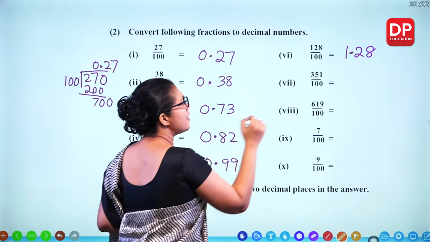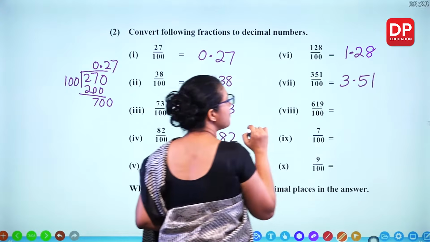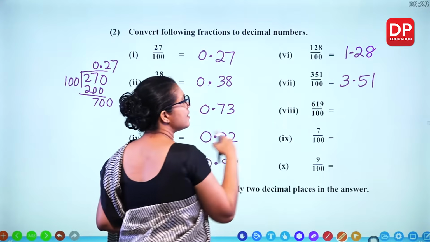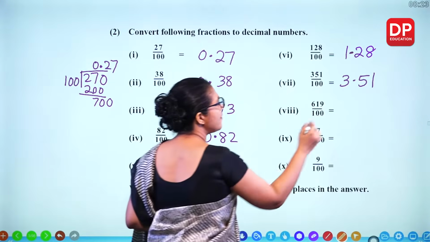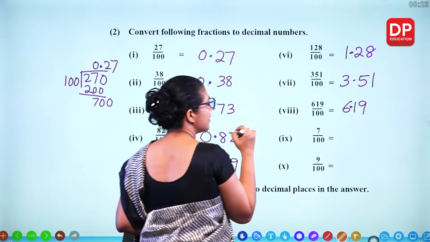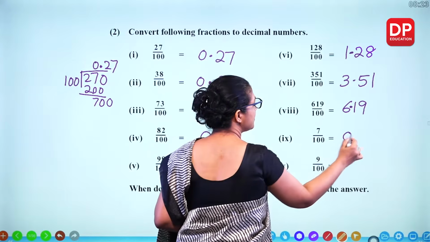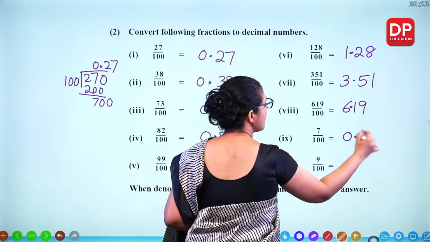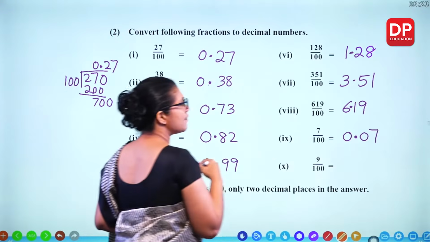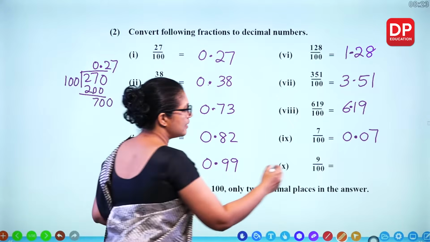351 divided by 100, this is 3.51. 619 divided by 100, you get 6.19. 7 divided by 100, 0.0, and then for 700, that's 7. 9 divided by 100.